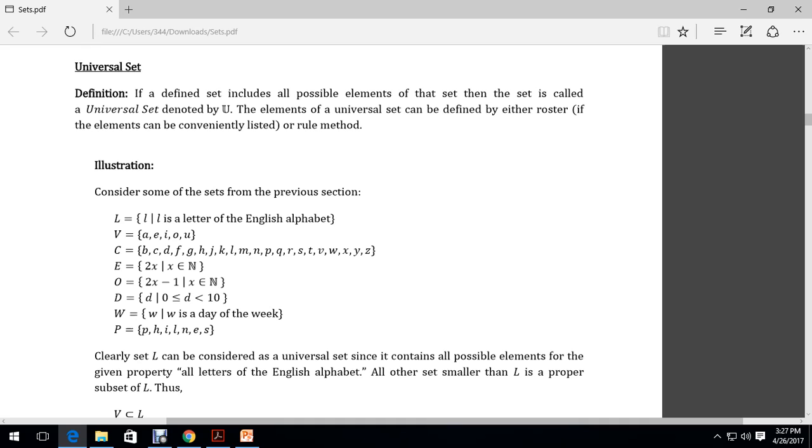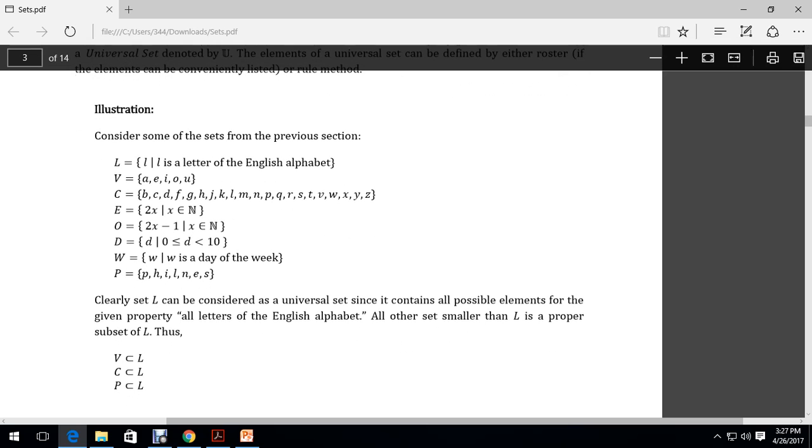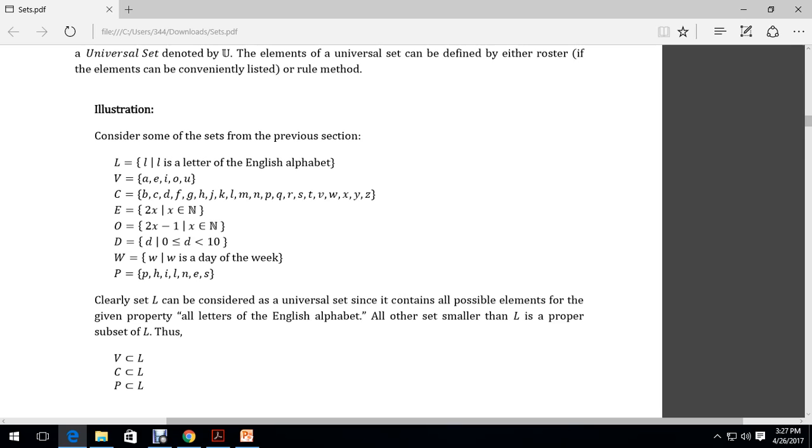All other sets smaller than L are proper subsets of L. Thus, we have V, the set of vowels of the English alphabet, which has a smaller number of elements as compared to L. And V is a subset of L, where L can be considered as a universal set. The same goes with the set of consonants and the set of distinct letters in the word Philippines.